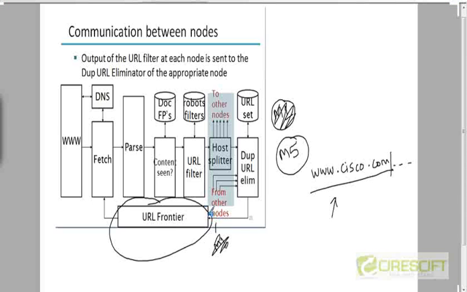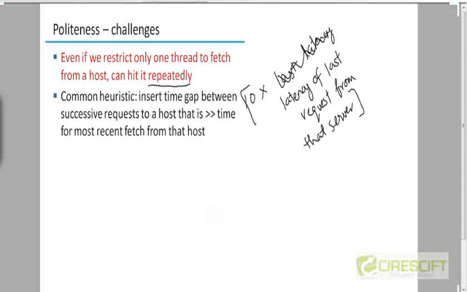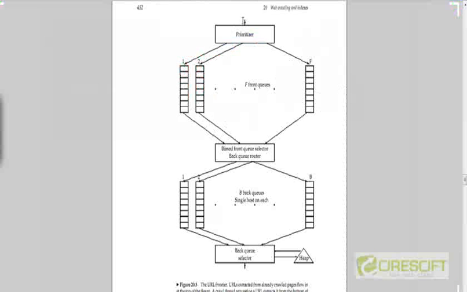A URL is going into the URL frontier. Let's look at the path that the URL will follow. It goes inside the URL frontier, and this URL will enter one of these front queues. What you see over here are a set of queues. These are called the front queues because these are queues that are present at the front of the URL frontier.